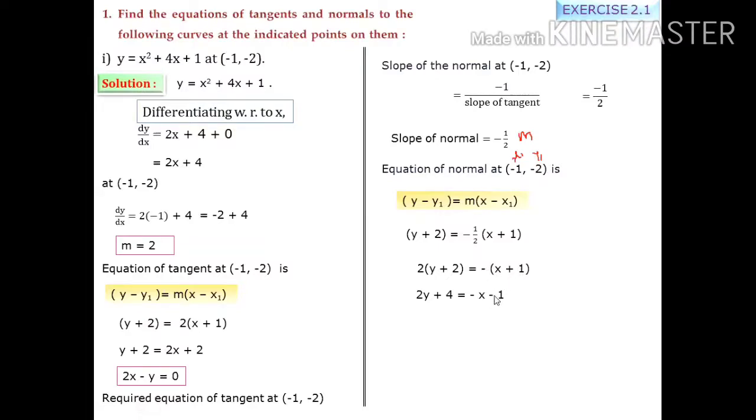Then minus x minus 1 are both shifted to the left-hand side. We get the answer x plus 2y, 4 plus 1 is 5, that is x plus 2y plus 5 equal to 0. Required equation of the normal.